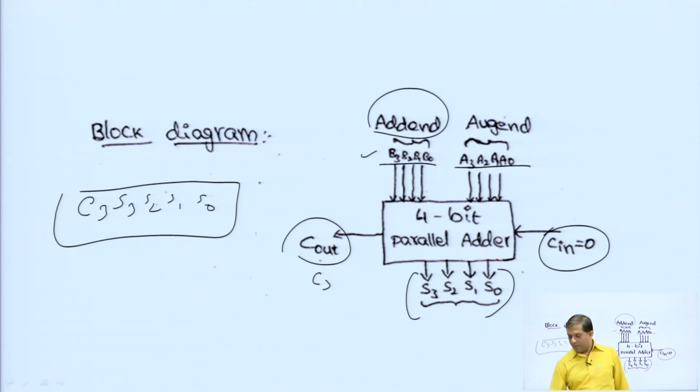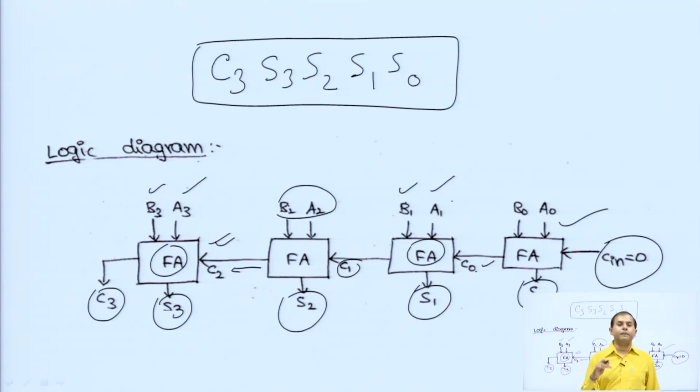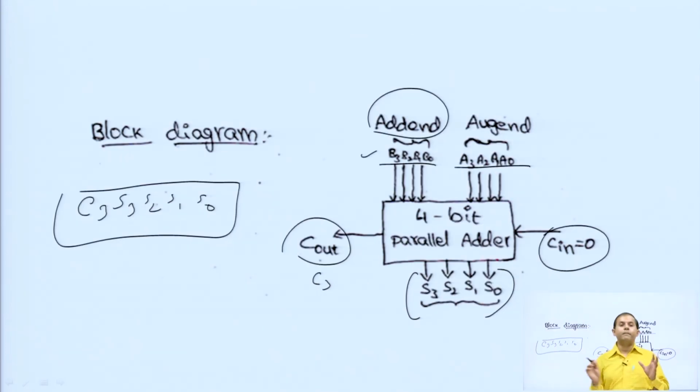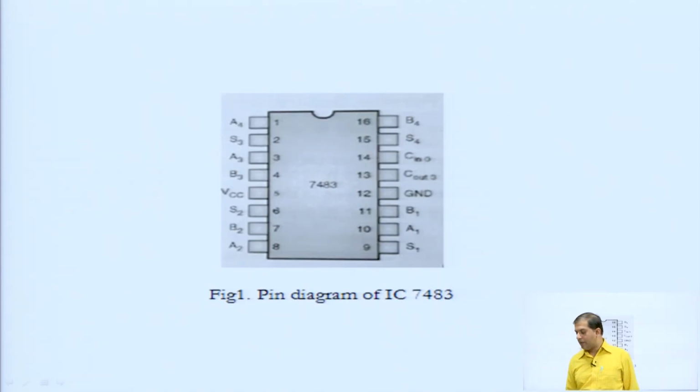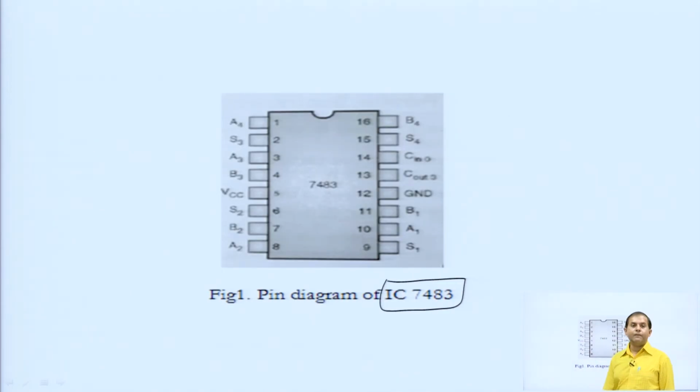Here in the previous diagram we are using separate full adders and this diagram is nothing but a combination of all full adders and this IC number is 7483. This 7483 has the provision of 4 full adders. See, it is written like that. See, we are giving A naught and B naught.